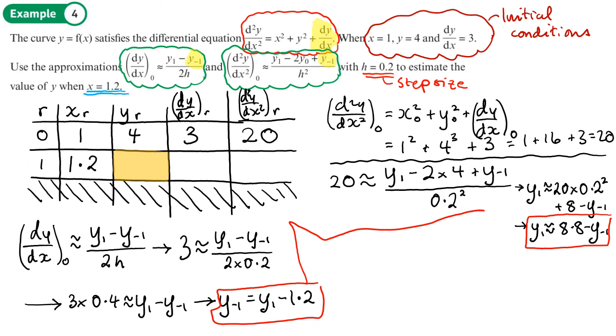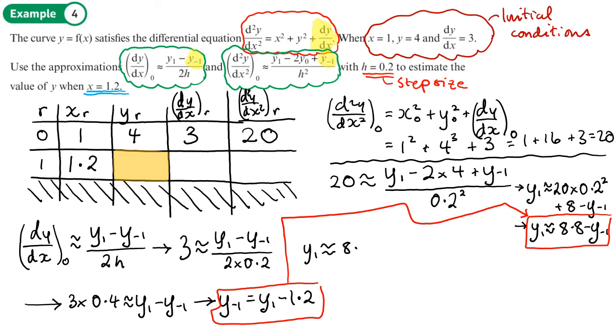We'll substitute that into here. So we'll have y1 is approximately 8.8 minus y negative 1. Now y negative 1 we've just worked out is y1 minus 1.2.